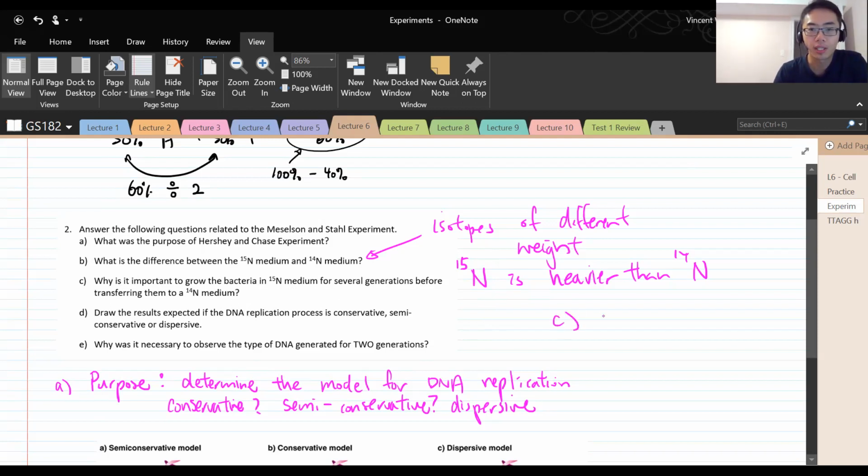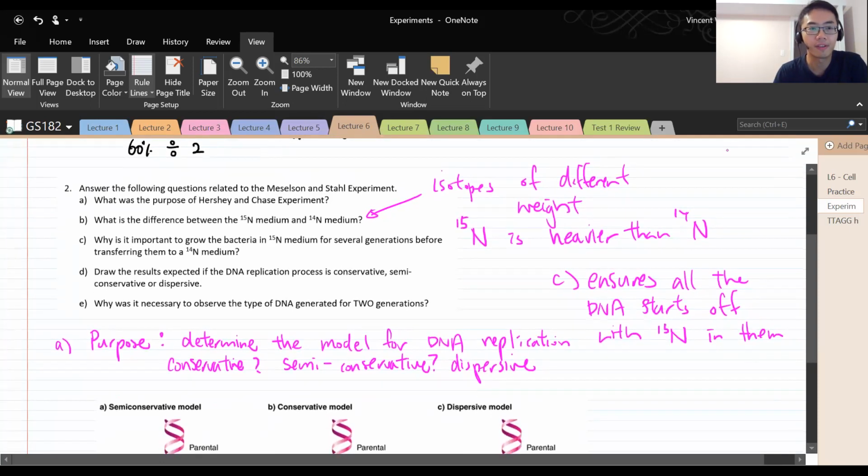So part C, growing them in N15 for several generations ensures all the DNA starts off with N15 in them.